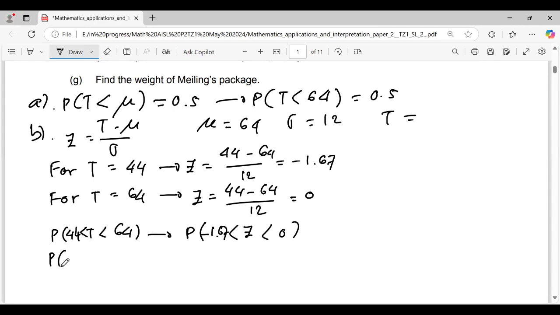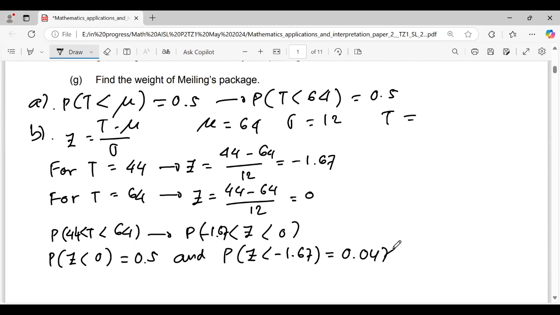So it means the probability Z less than 0 equals 0.5. And then the probability of Z less than minus 1.67 is 0.0475. You have to find this probability through the table or calculator.